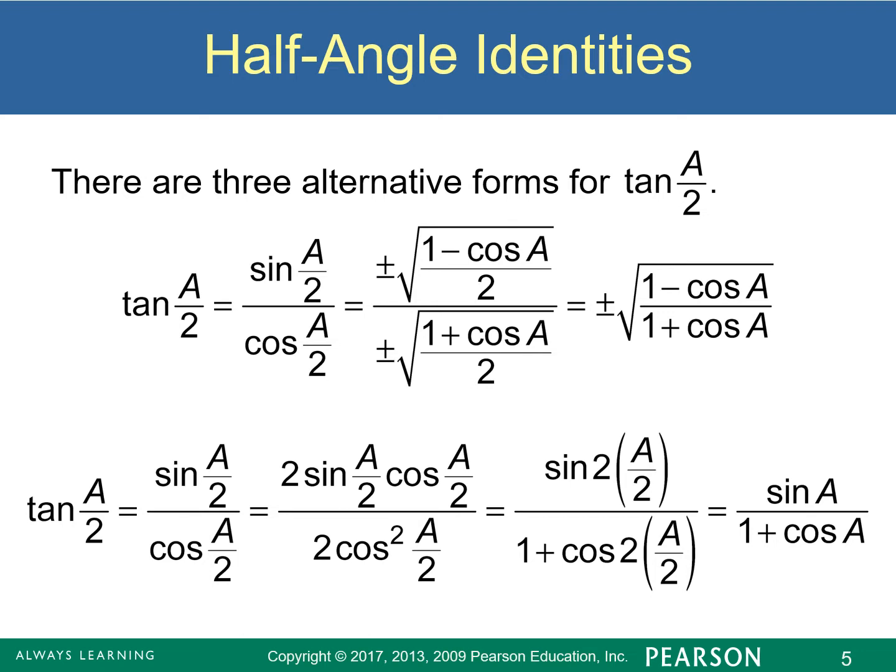Another thing we could do is say that it is equal to sine a over 2 over cosine a over 2, and then substitute in 2 sine a over 2 cosine a over 2 divided by 2 cosine squared a over 2. Simplify and get sine of a over 1 plus cosine of a.